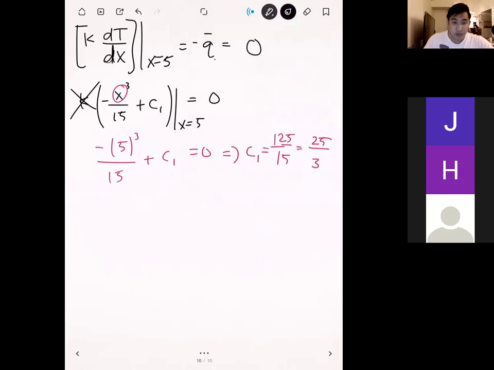If we plug in C1 and C2, we can get our T of x. T of x is going to be equal to minus x to the fourth over 60 plus 25 over 3 x plus 25.